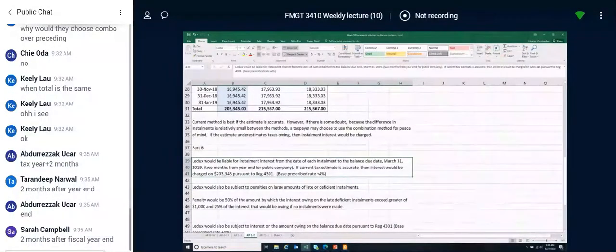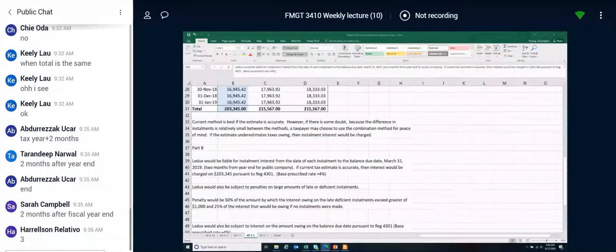If you're a CCPC though, how much time do you have? So let's say Ladue was not a public corp. Ladue was a CCPC. How much time do they have? Yeah, they have 3.